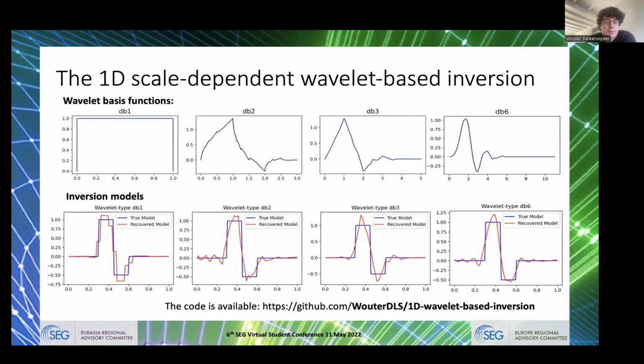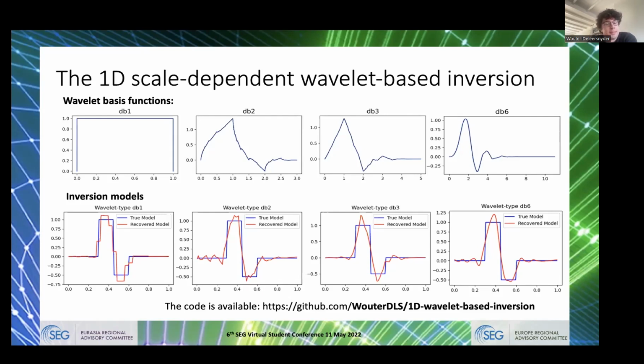And that's also what we see when you look at the inversion models. The characteristics of the wavelets are most often present in the recovered model itself. And we get different realizations, recovered models that can fit the data equally well, but with different characteristics.